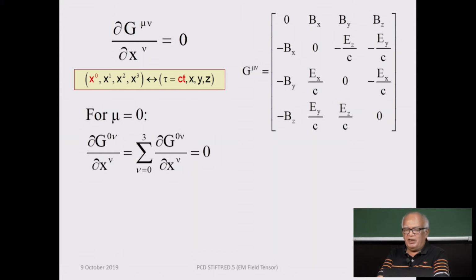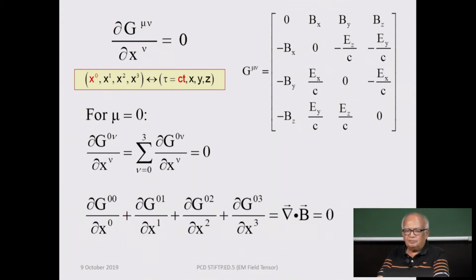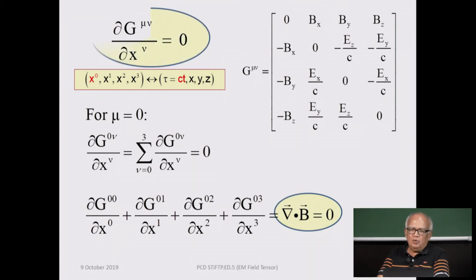So, let us see what we get for mu equal to 0. For mu equal to 0 you get divergence of B equal to 0. So, this was one of the equations which was missing. We got 2 out of the 4 earlier. Now, we have the divergence of B. So, we have recovered that, and that is contained in this equation del G mu nu over del x nu equal to 0.